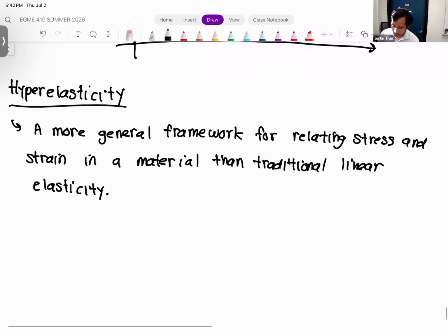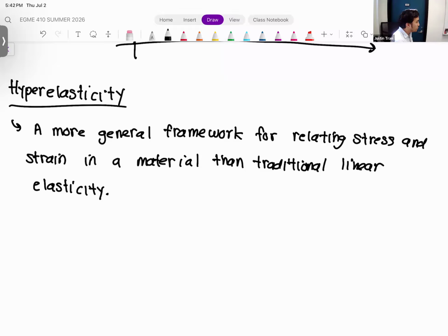So I'd say that traditionally, just because it's more simple, when you first learn about these concepts of stress and strain, linear elasticity is what's taught, because it's the simplest to understand. But linear elasticity does have its limitations. For more traditional engineering materials like metals, linear elasticity is a great framework.